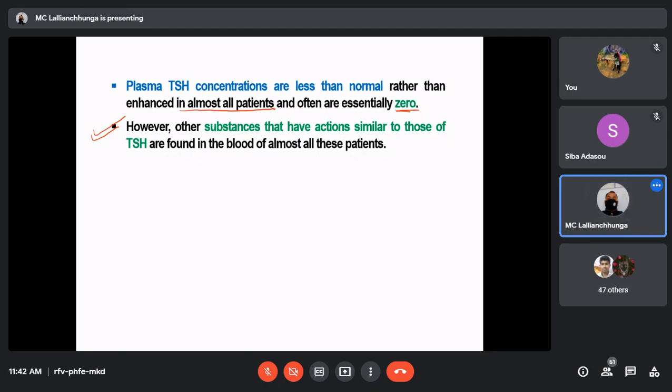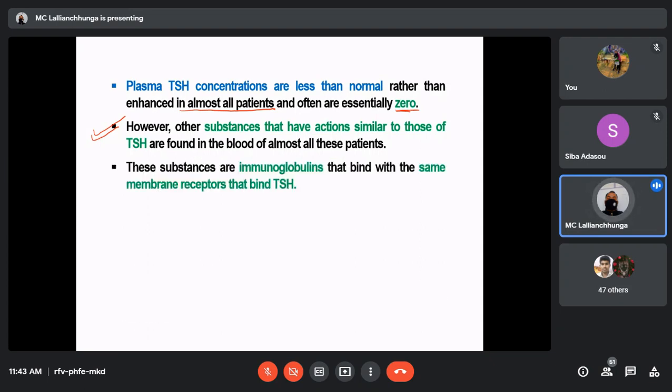But we have to remember that in hyperthyroidism, most of the time, substances that have actions similar to those of TSH are found in the blood. These substances are immunoglobulins, so the immune system is involved, that bind with the same membrane receptor that binds TSH.